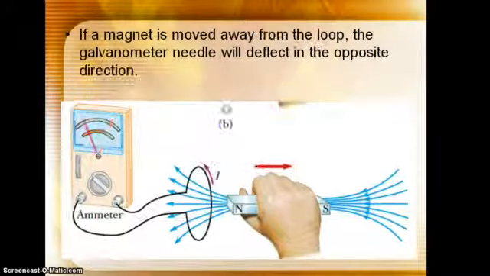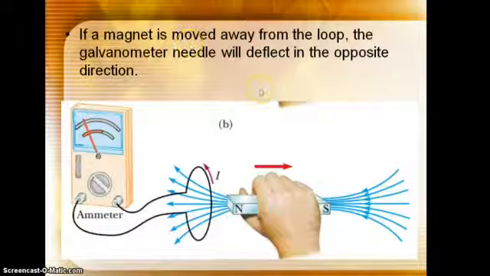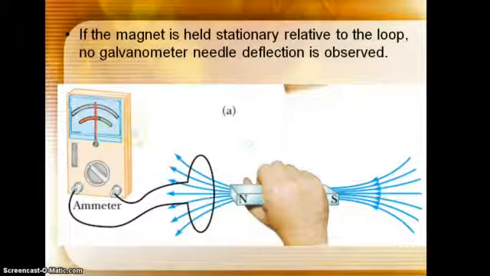Now if a magnet is moved away from the loop, the galvanometer needle will deflect in the opposite direction. In the third figure, if the magnet is held stationary relative to the loop, no galvanometer needle deflection is observed.